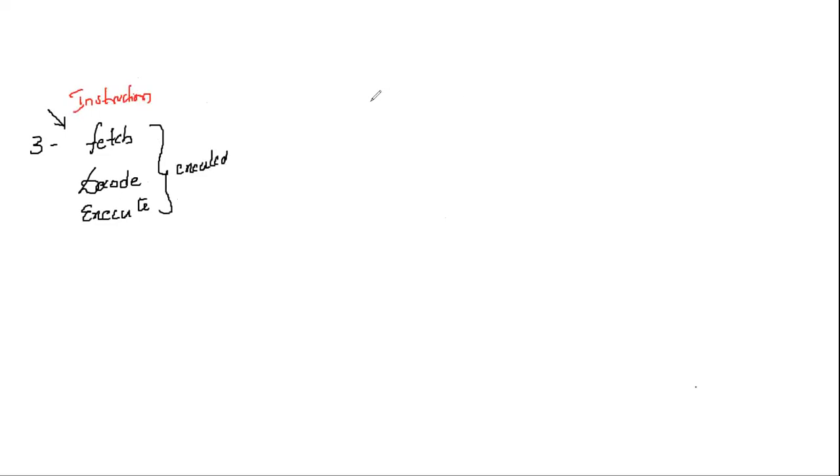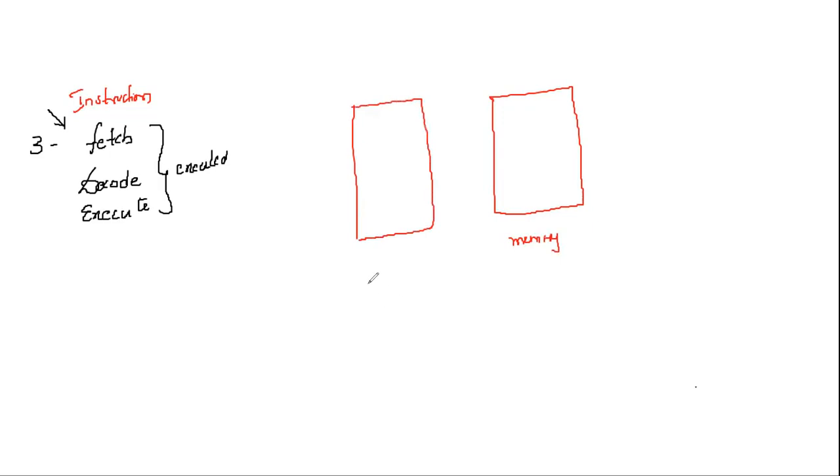Here, we'll have a memory. This one is memory, and this is the microprocessor. Now we are going to talk about the 8085 microprocessor.